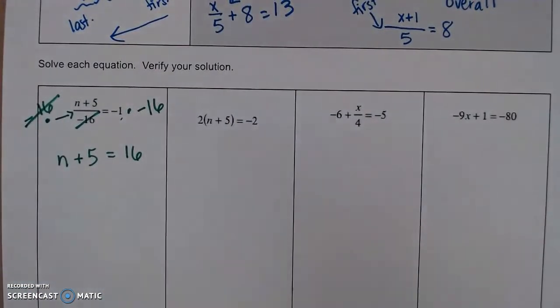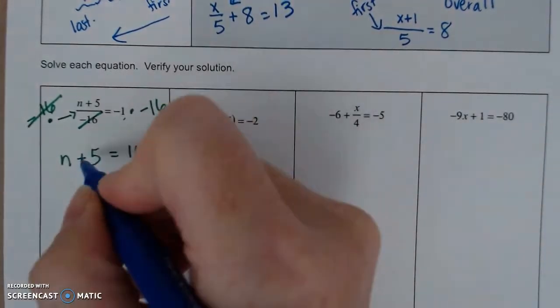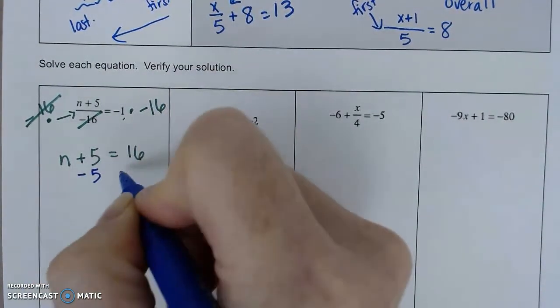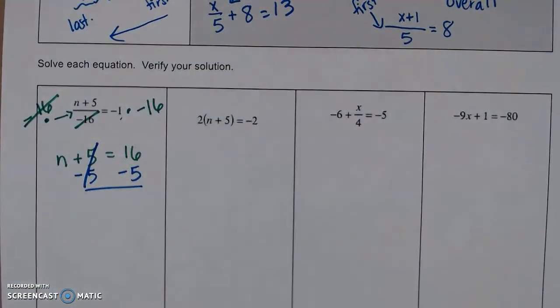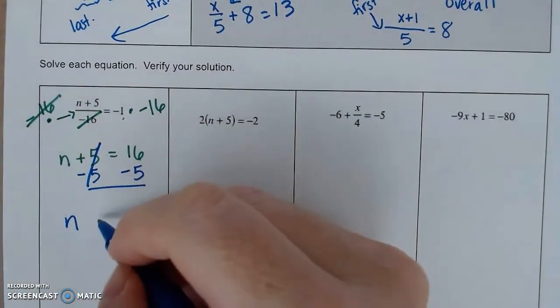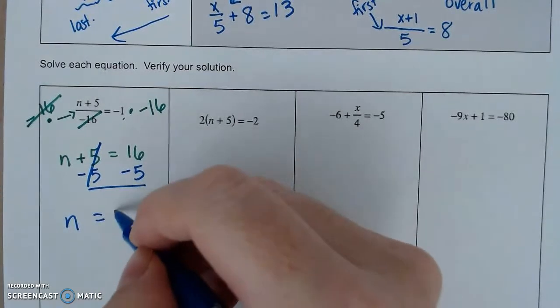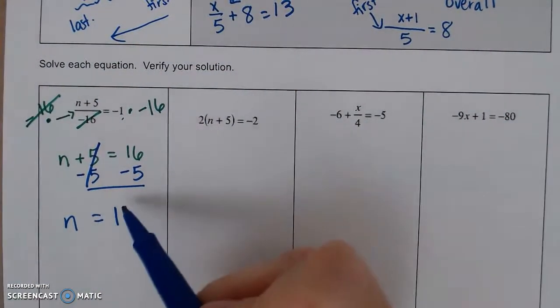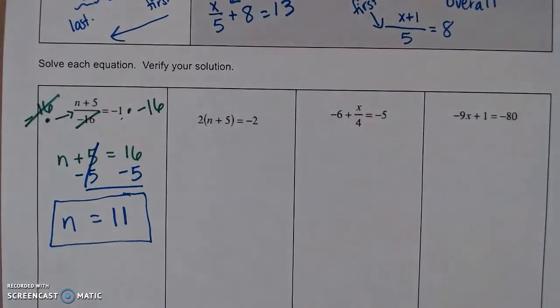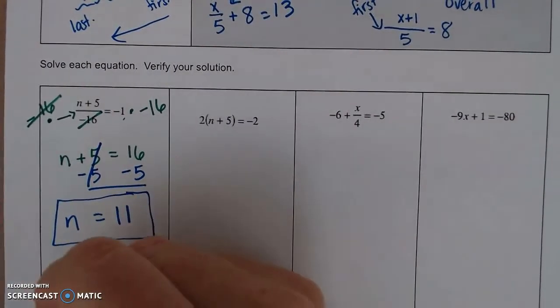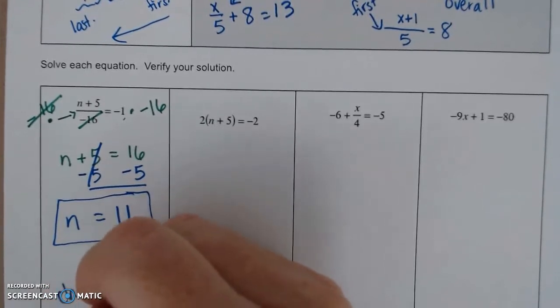Then if we want to get n alone, we do the inverse operation, which is to subtract. So 5 minus 5 does give you 0. You want to check it so you know you did the right operation. 16 minus 5 is 11, and that would be our solution. Now, if you want to check, this is a quick check.